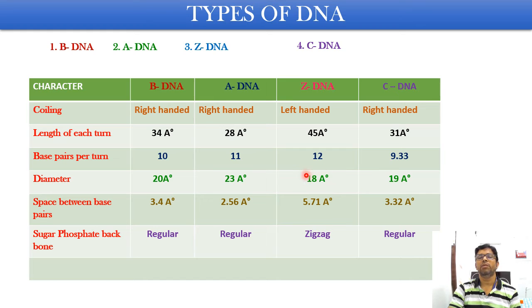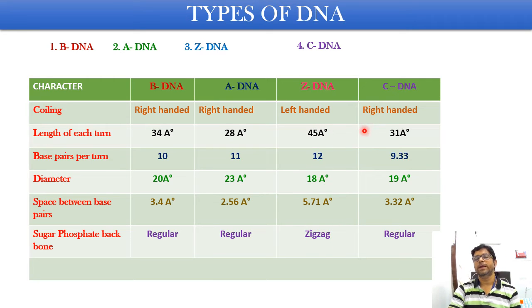The diameter of the helix is 18 angstroms, the space between two successive nitrogen base pairs is 5.71 angstroms, and the sugar phosphate backbone is in a zigzag arrangement.